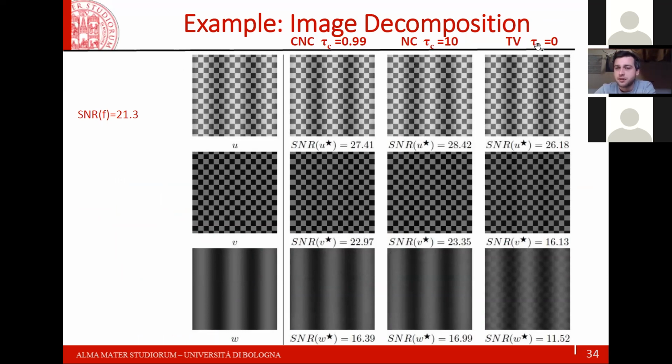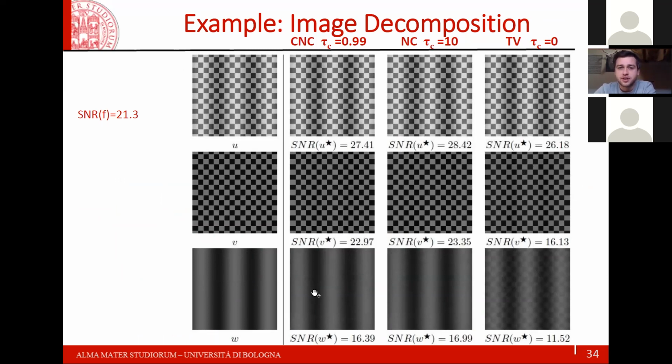So for the total variation, or tau c going toward 0, the separation is not so good. I suppose this is mostly due to the fact that TV usually underestimates the image intensity.